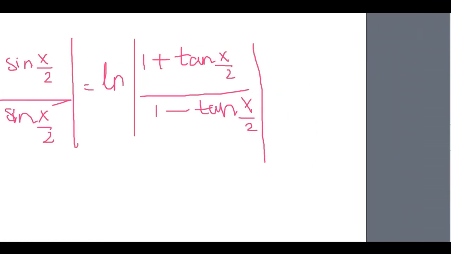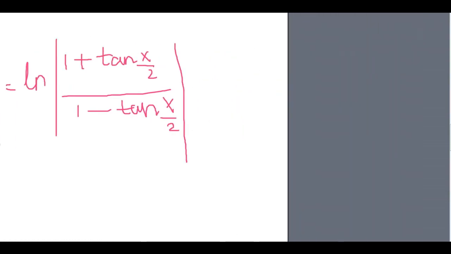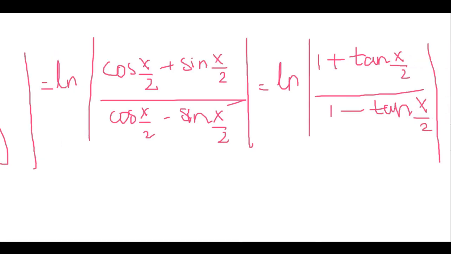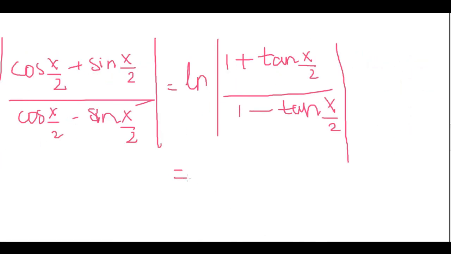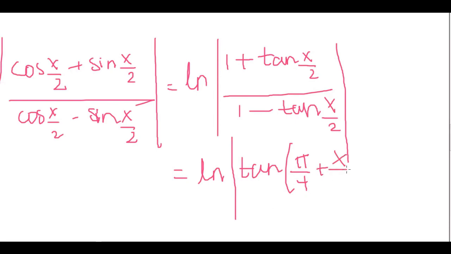So now we know this formula. Oh, sorry. This can be written as ln of tan of pi by 4 plus x by 2.